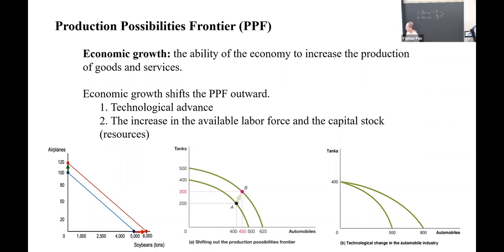So for the third picture, the reason would be technological advance only in the automobile industry, but not in tanks. In that way, you can see the PPF moved outward, but only in one industry, not the other. All right, so that's the difference.